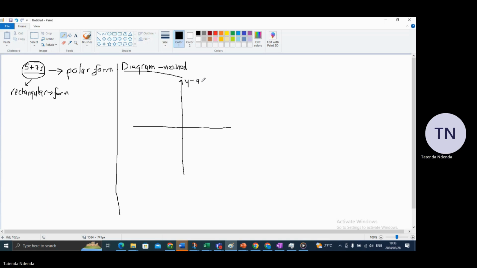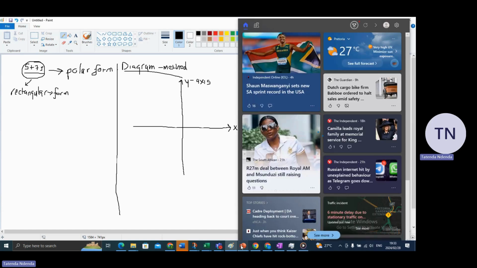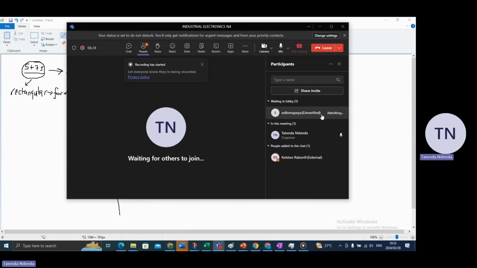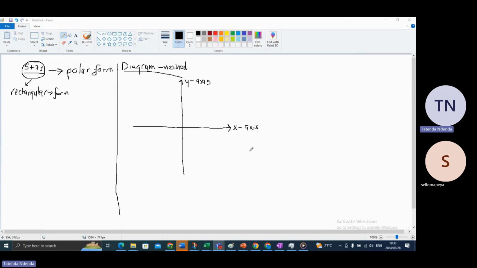So we understand that from the diagram we're having the y-axis as well as the x-axis here. So this is our x-axis that we're having here. We're having our x-axis on this end, and also the y-axis.